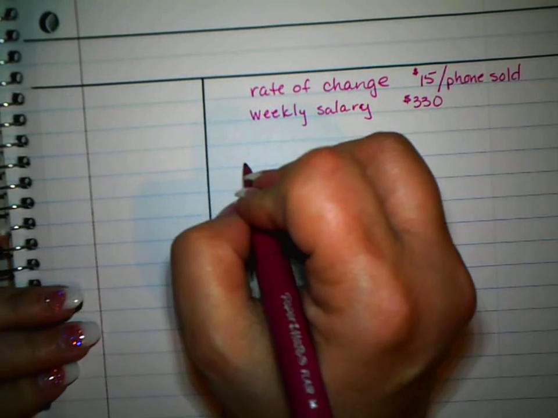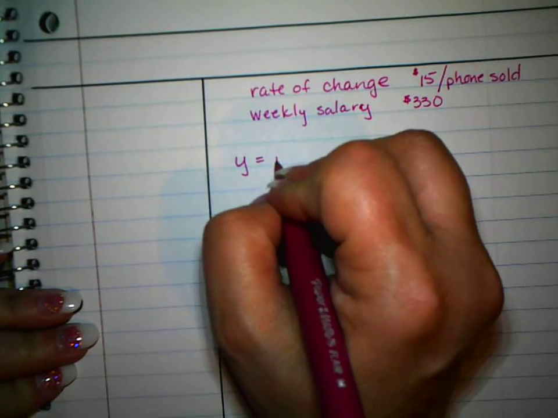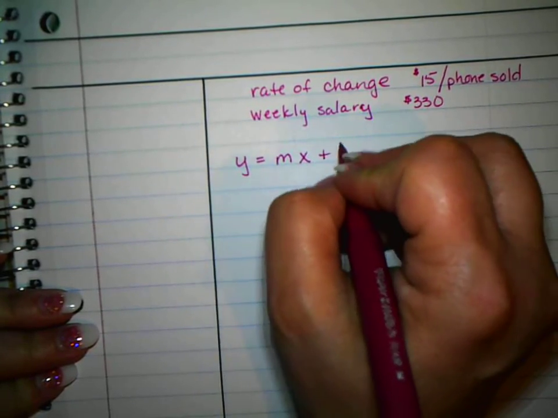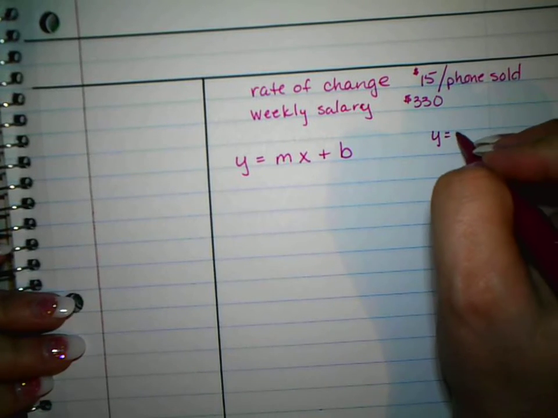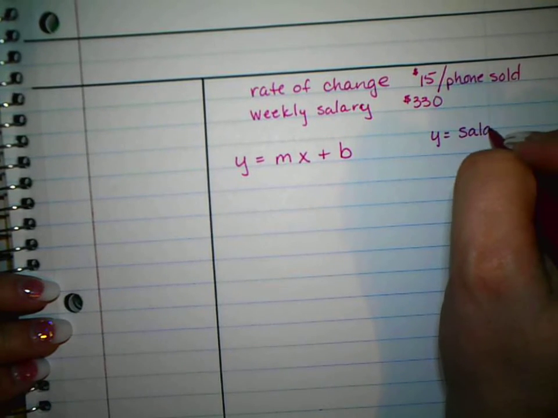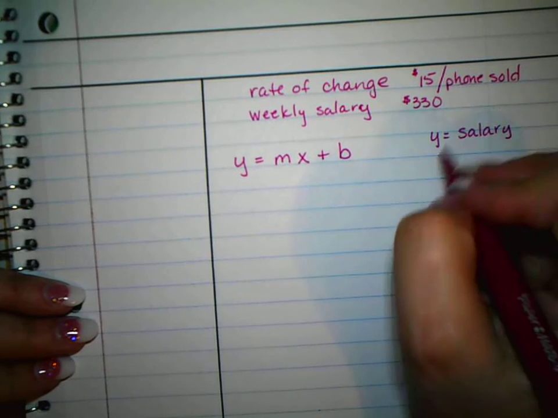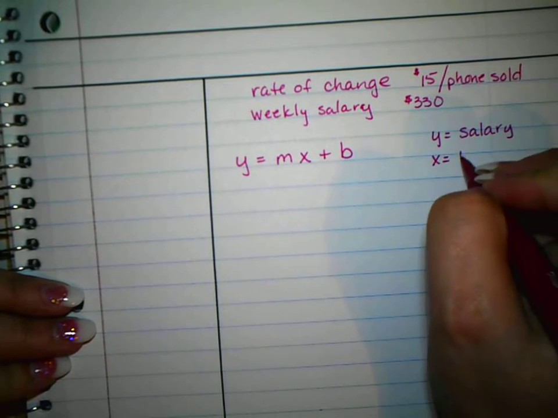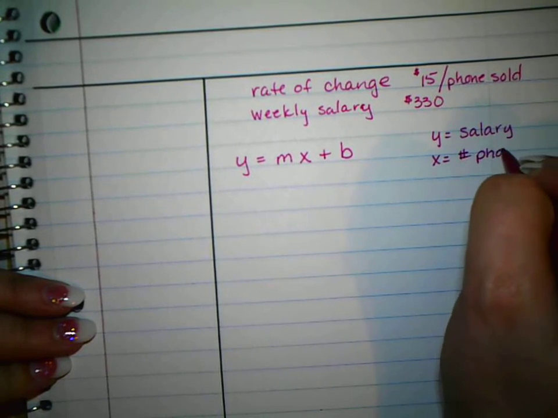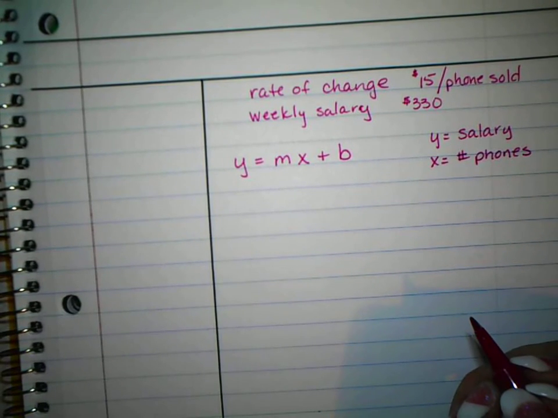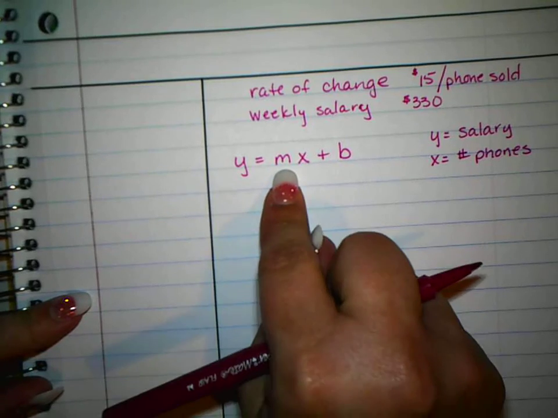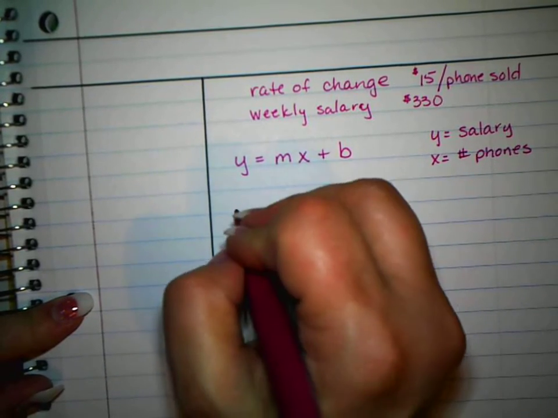What if I wanted the equation? Remember, our y is his salary. It's what he actually gets on his paycheck. The x is the number of phones sold. Well, he gets $15 for every phone.